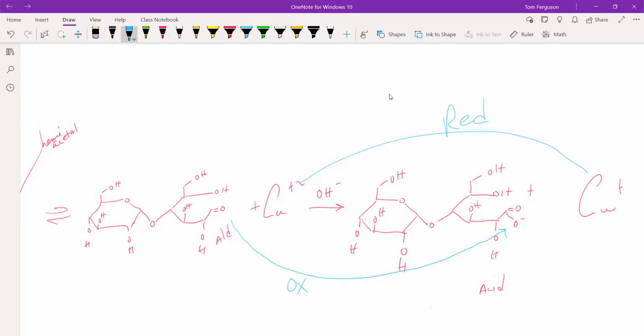When the aldehyde undergoes oxidation to the acid, copper plus 2 reduces to copper plus 1, forming cuprous oxide. So this is blue. And this is orange.